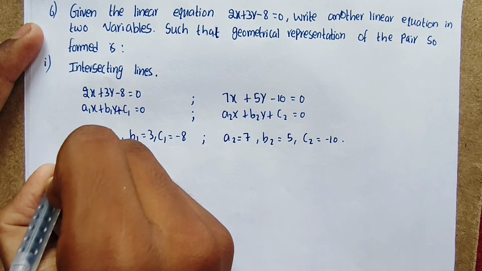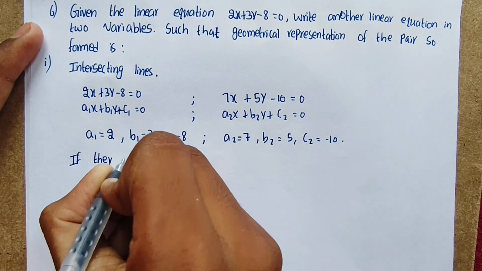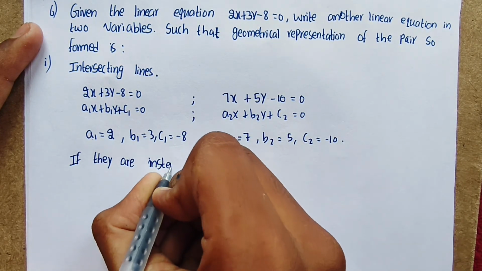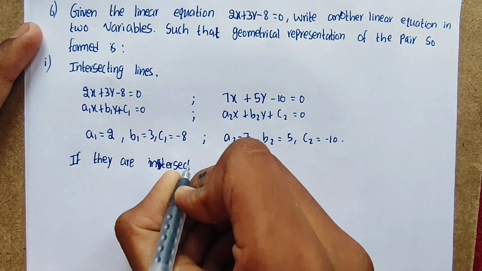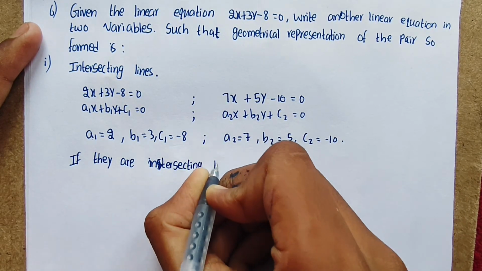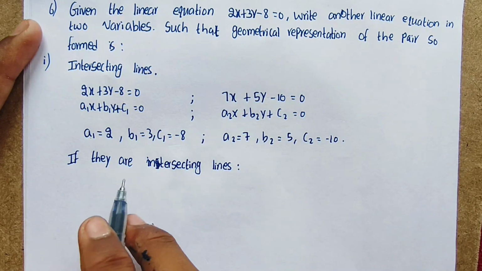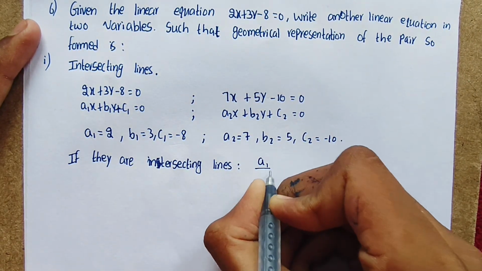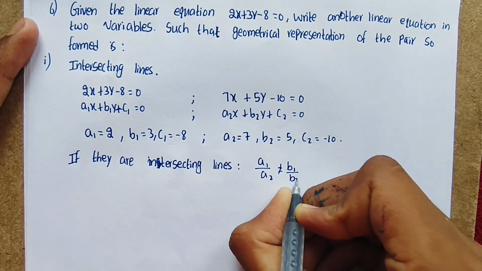So if they are intersecting lines, the condition must be a1 by a2 not equal to b1 by b2.